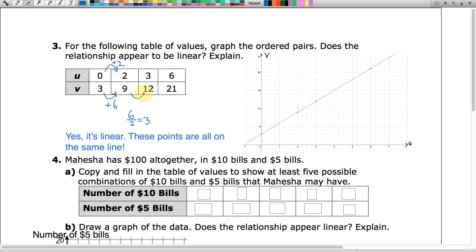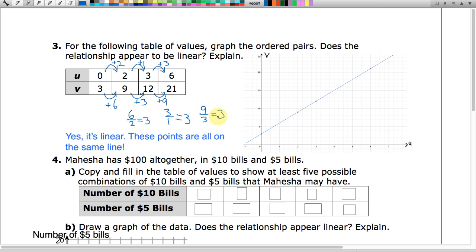And now if we do the change in V, positive 3, over the change in U, positive 1, that is also equal to positive 3. And if you take a look at the next one, the change in V, which is 9, over the change in U, which is 3, that 9 over 3 is equal to 3.